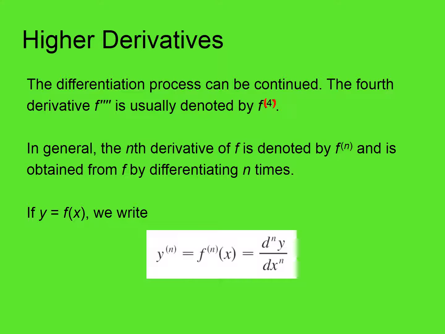So if y equals f of x, then we write y with a raised n in parentheses, or f with a raised n in parentheses of x, or d^n y over dx^n. That's Leibniz notation. Of course, we are not thinking of this as a ratio yet.